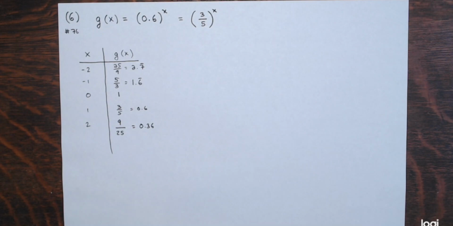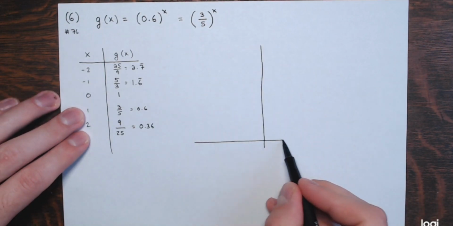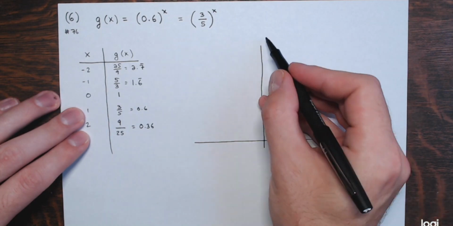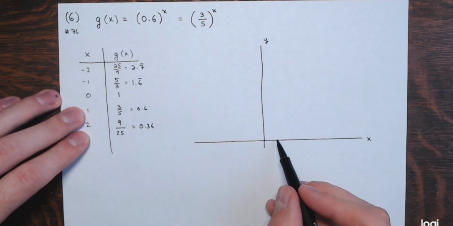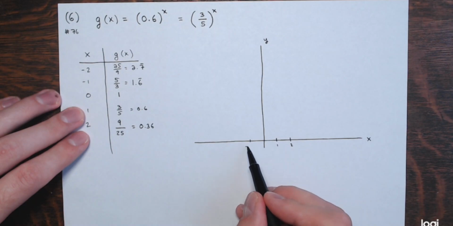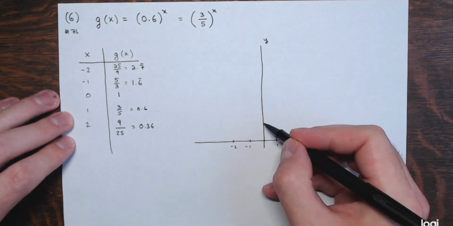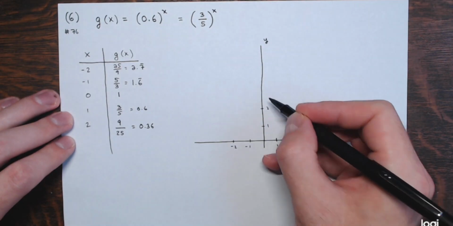Okay, and then I'll make a quick graph. Again, my inputs are the same here: 1, 2, 0, -1, and -2. And I'll just go, here's 1, here's 2, here's 3.